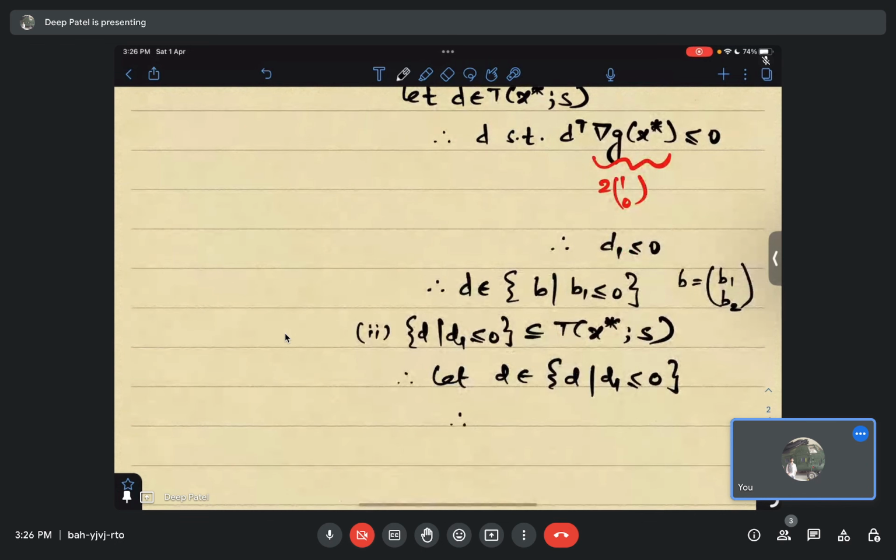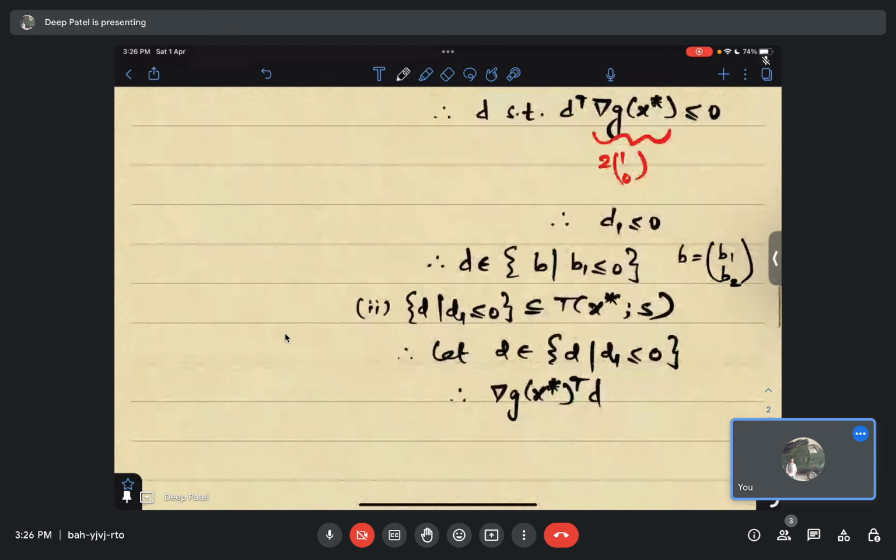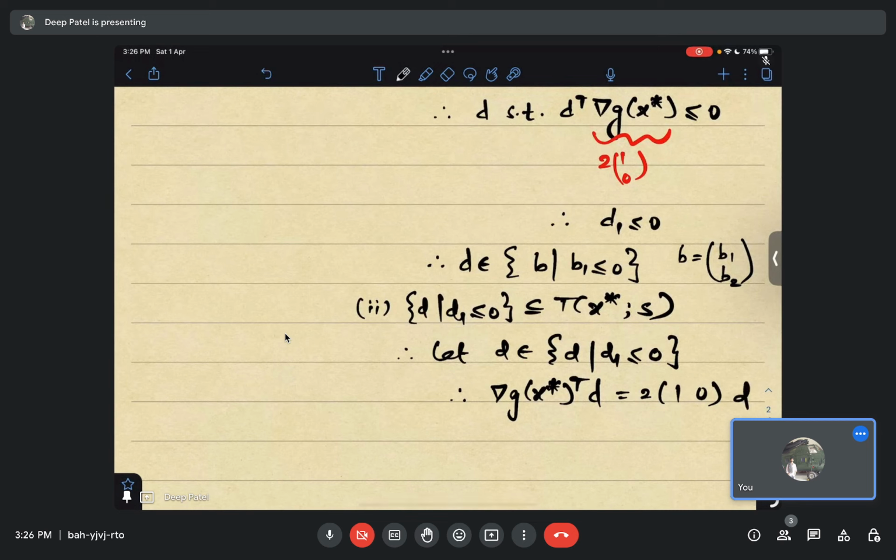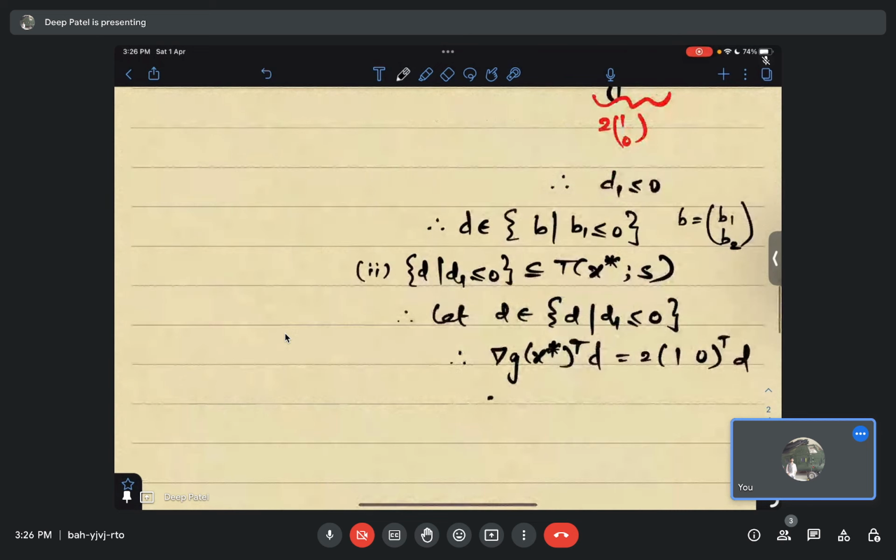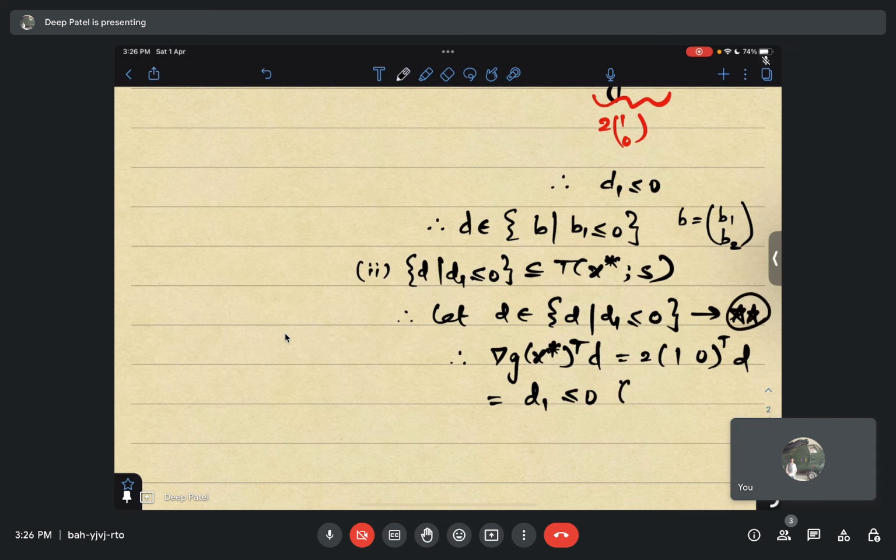Therefore gradient g(x) transpose d equals 2 (1, 0) d, which is d1, which is less than or equal to 0, by star.